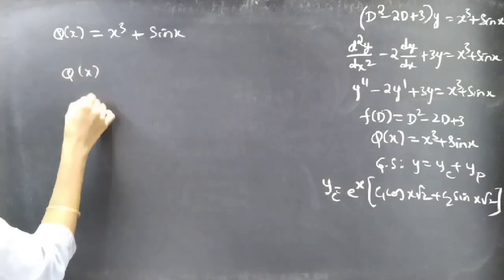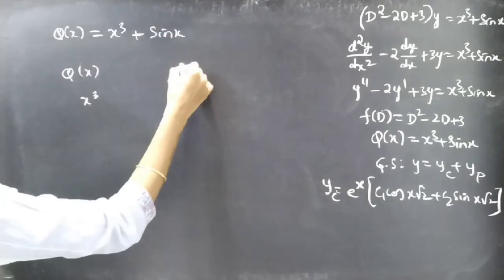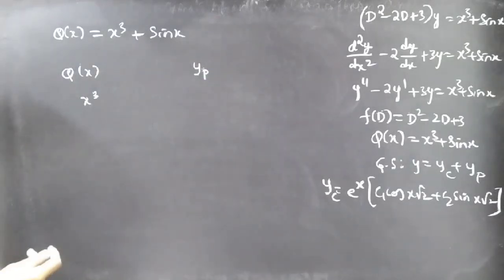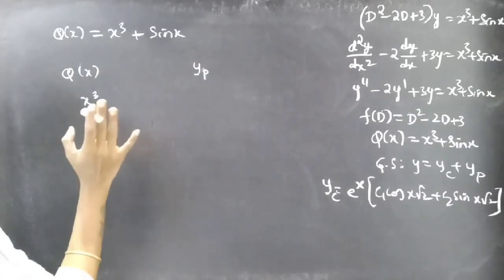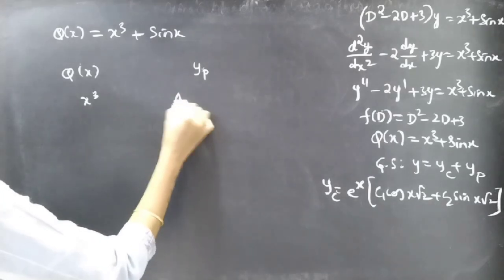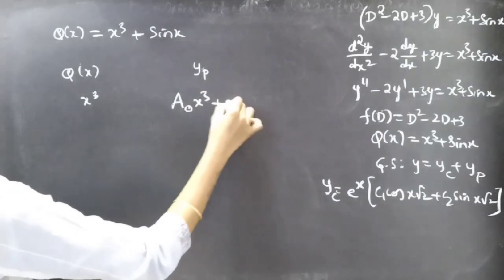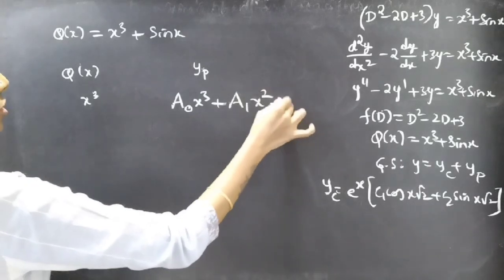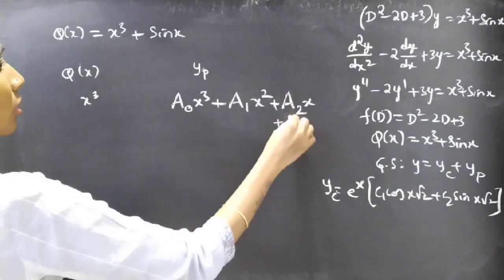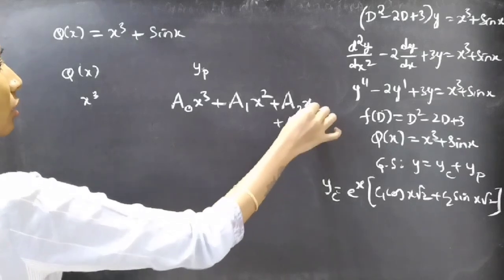When q of x is x cube, then the terms of yp should contain, you'll get yp directly from a formula. I'm talking about the formula, okay? a0 x cube plus a1 x square plus a2 x plus a3.